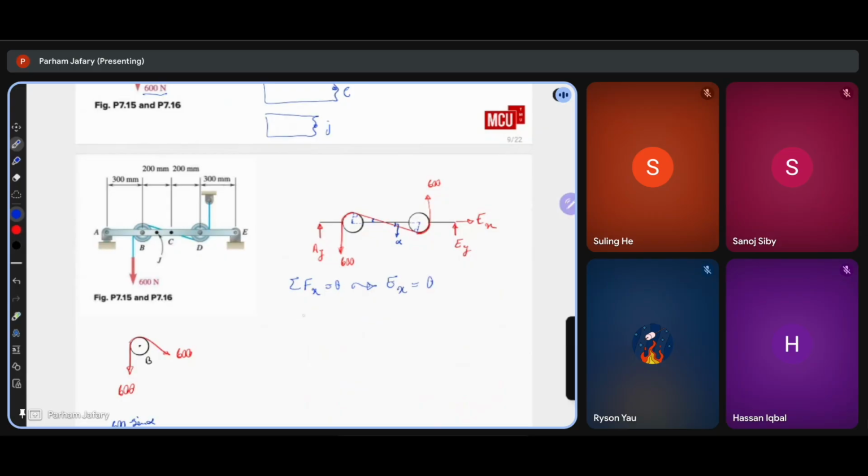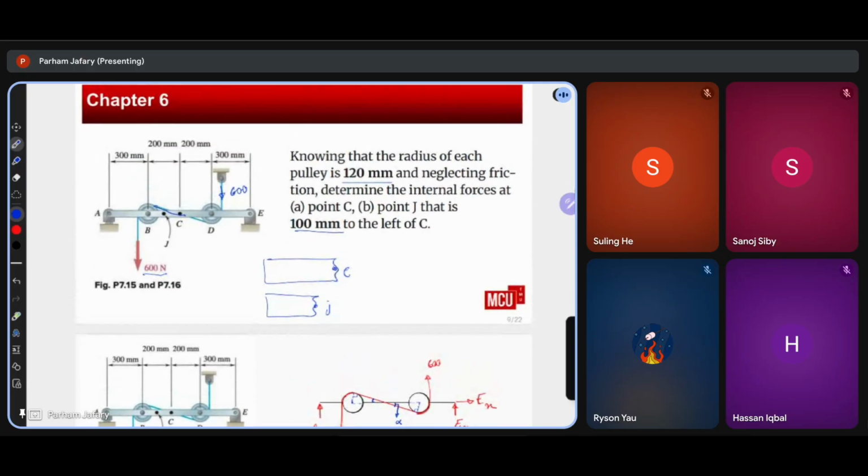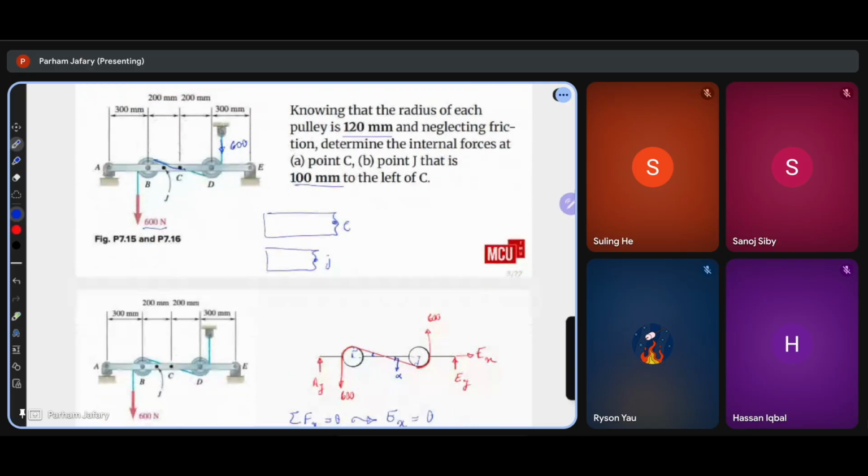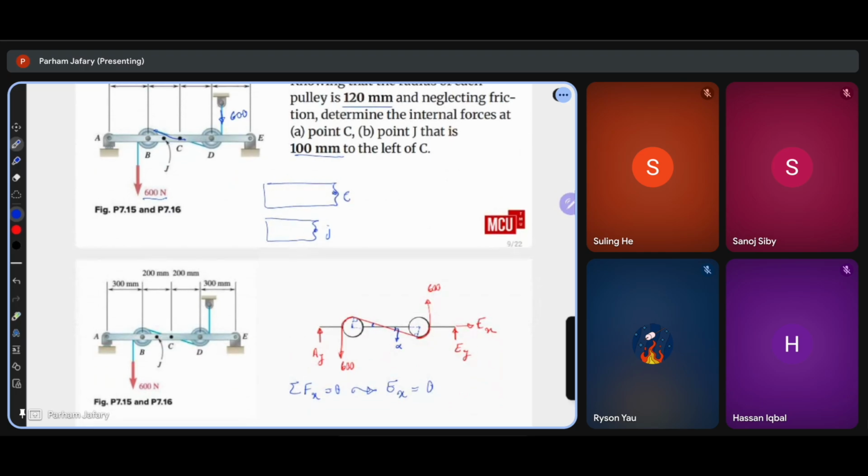Moments at A to find EY, or moments at E to find AY. I want a section at C and J like this, that is shown here.